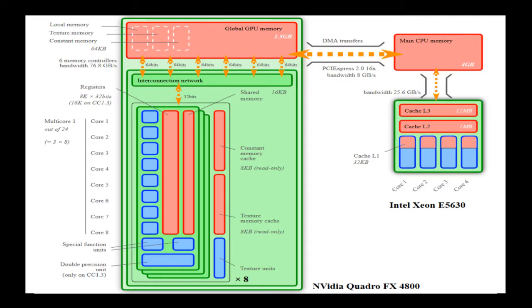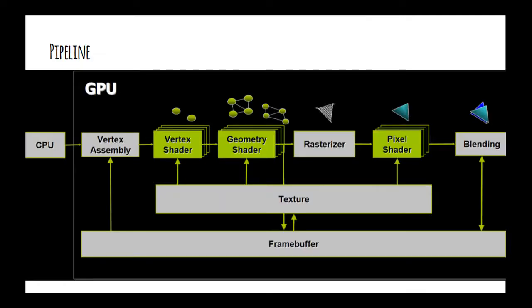Okay. Next thing is the pipeline. Here we have a bunch of stages, and we'll talk firstly about the input assembler stage. It's responsible for supplying data for the pipeline. It comes from the CPU, like everything else.